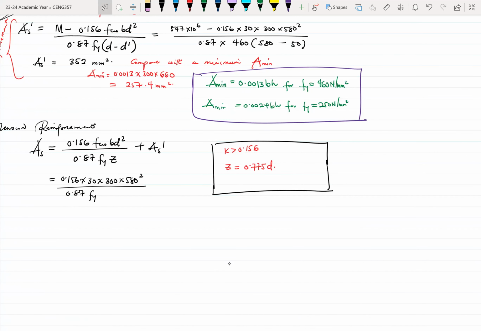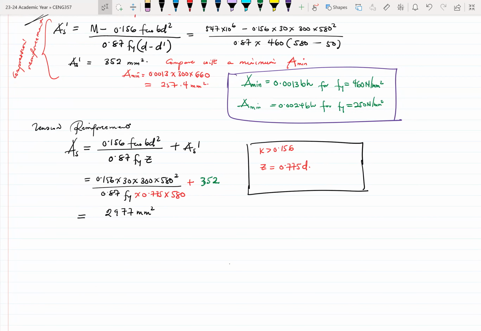So here it becomes times 0.775 times a D of 580 plus our AS that we got of 352. This will then be equal to 2977 millimeter squared.